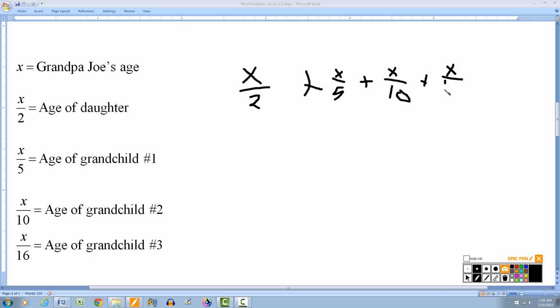According to what they tell me, this is supposed to equal 69.